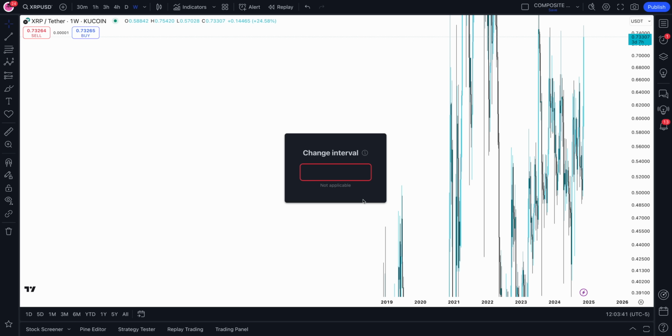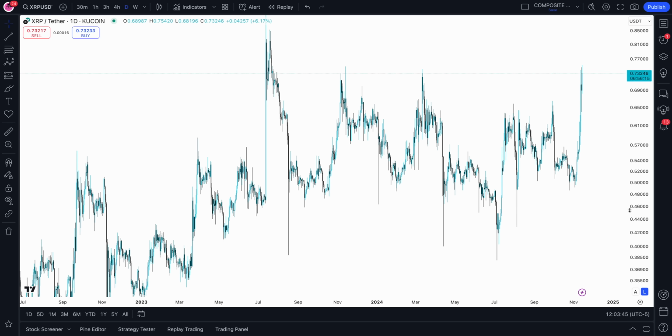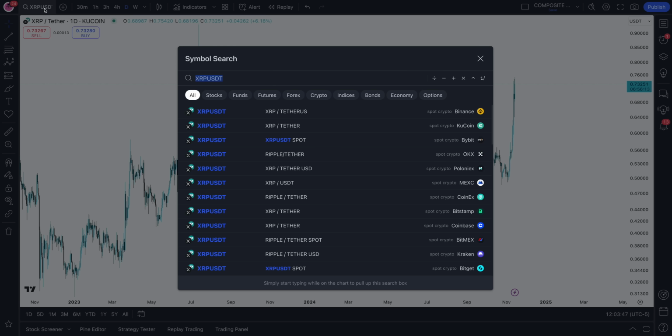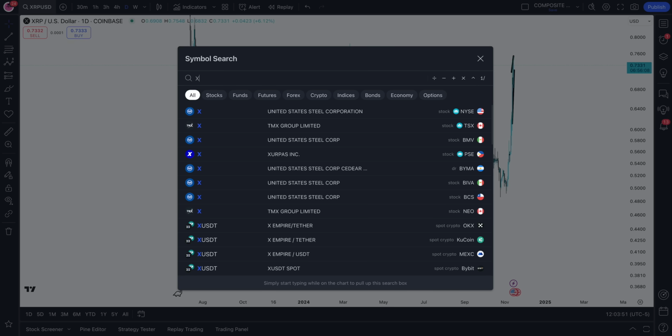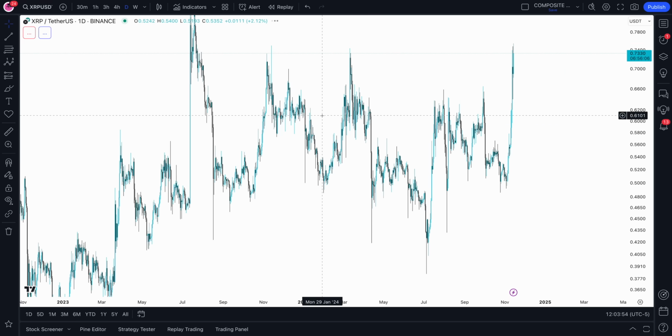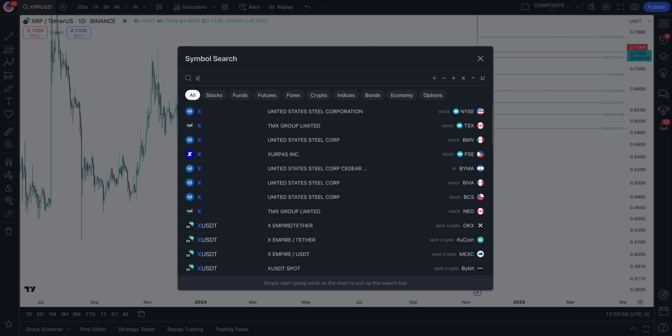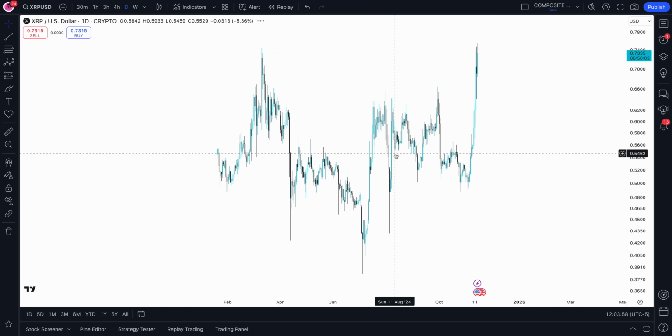So I was talking about that target. Let's go here on the daily time frame. Okay, so like I said, if XRP, let me go back to that chart.